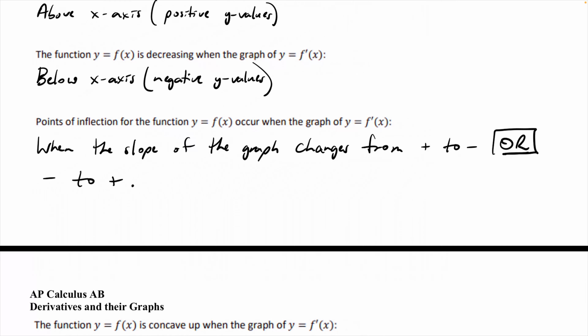When the slope of the graph changes from positive to negative or vice versa, you got yourself a point of inflection.